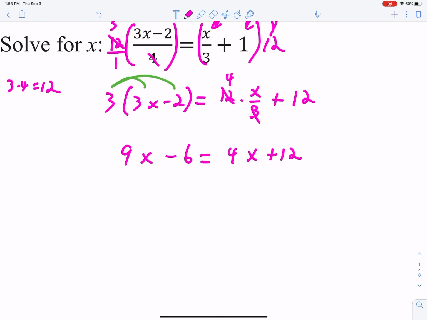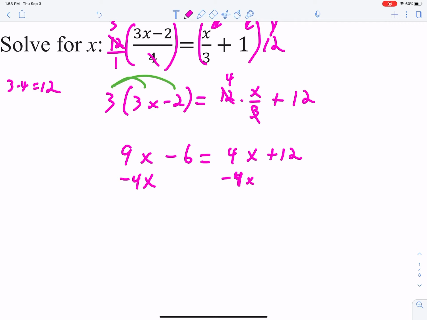All right, and then we're just going to play the algebra game, right? We're going to bring everything with an x to one side of the equal sign, everything without an x to the other side. So let's see. We're going to subtract 4x from both sides, right? Because we want all the x's on the left side.